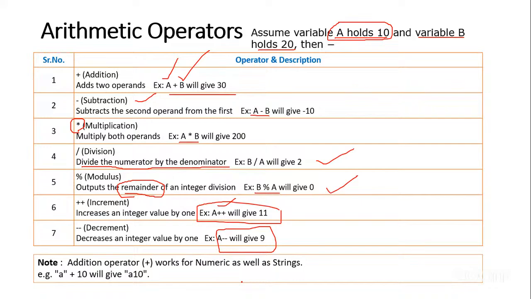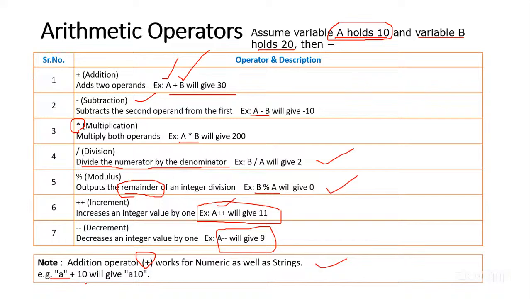Let me give you one more interesting point. Even though it is a plus symbol, generally it is used to implement the addition operator, but we can use the same operator to implement the concatenation operator. Concatenating means joining. For example, if I use plus operator with one string value, you can write any name here within the double quotation marks.